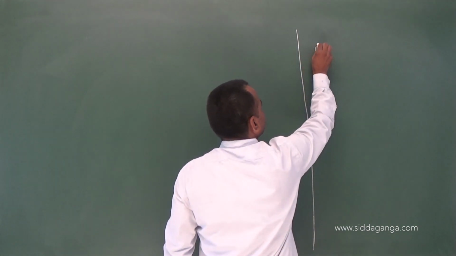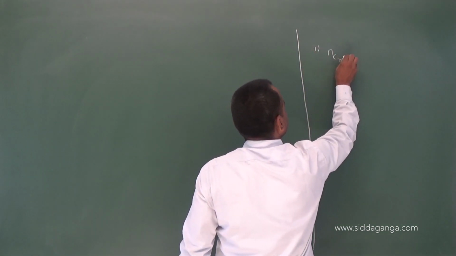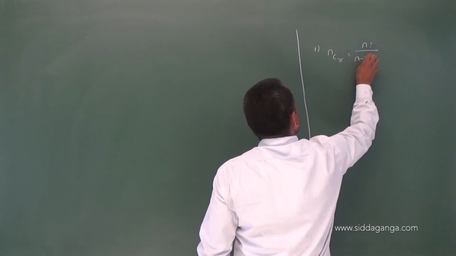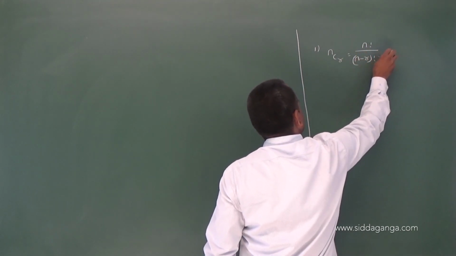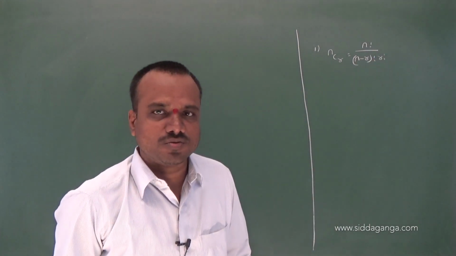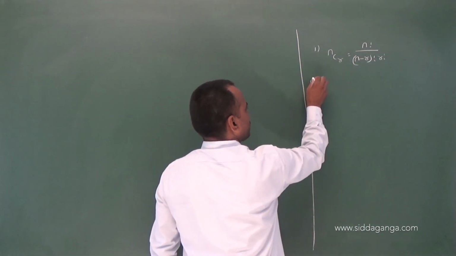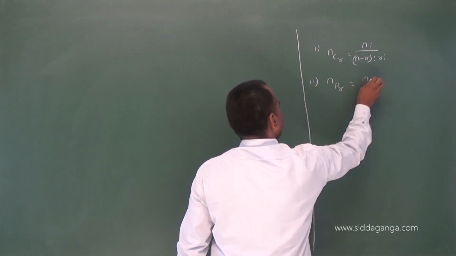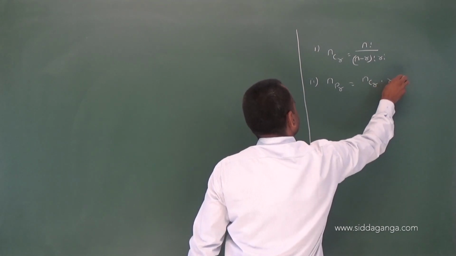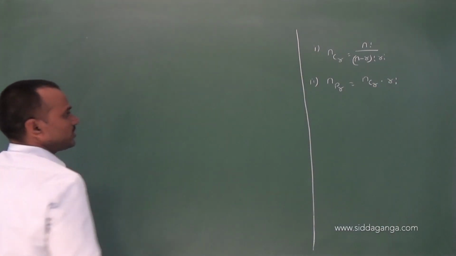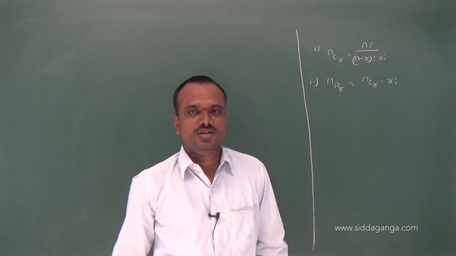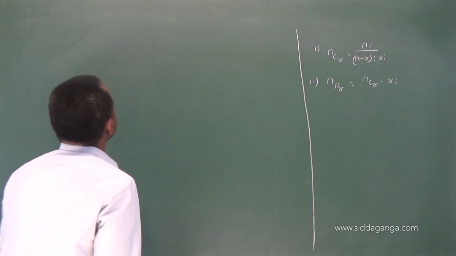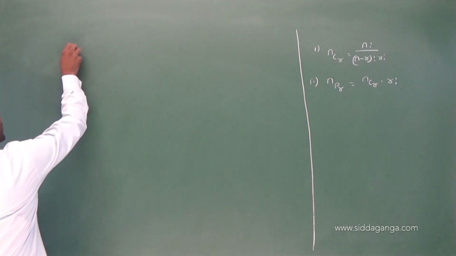First formula: n factorial divided by (n minus r) factorial into r factorial. This is the first one, correct? Second one, the relation between permutation and combination: nPr is equal to nCr into r factorial. Note number second.